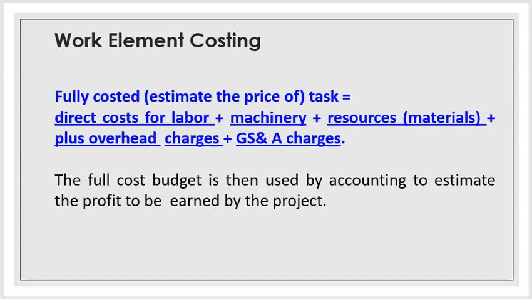Direct resource costs such as materials and machinery needed solely for a particular project are usually charged to the project without an overhead or add-on. On top of this, there is often a charge for general, sales and administrative costs that includes upper management, staff function, sales and marketing, plus any other costs which are not included in the overhead charges.